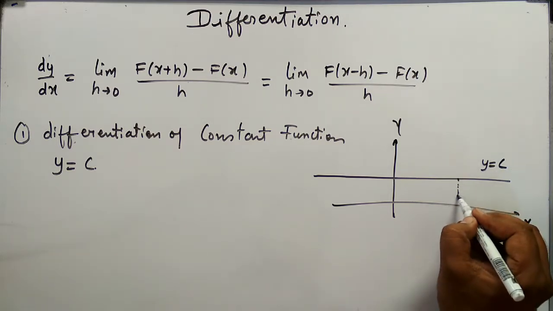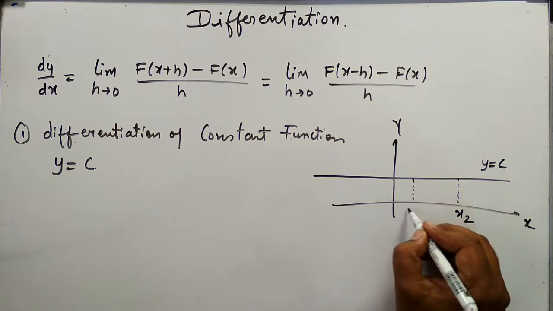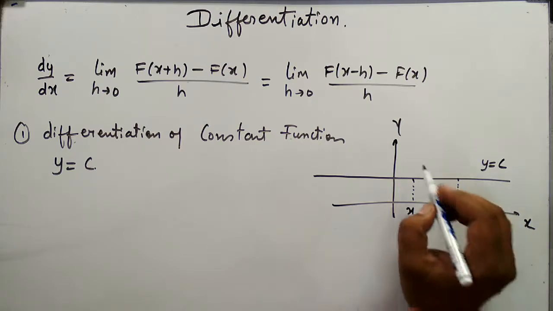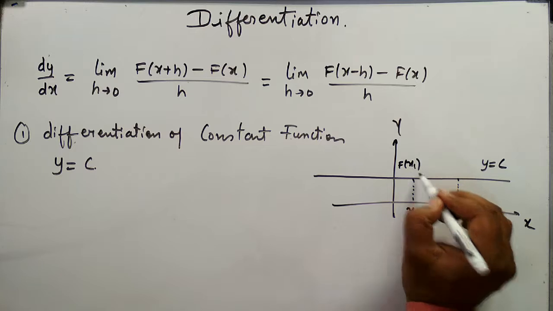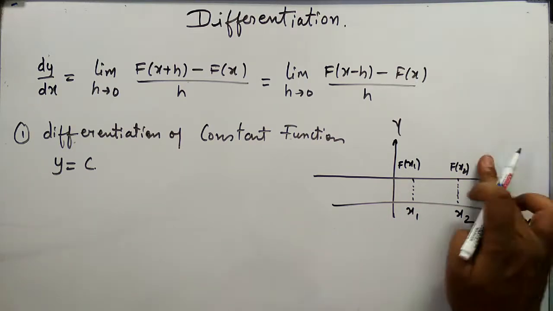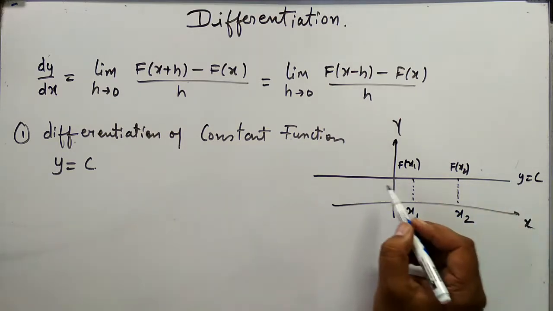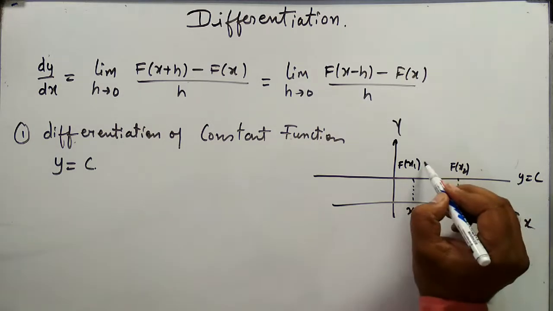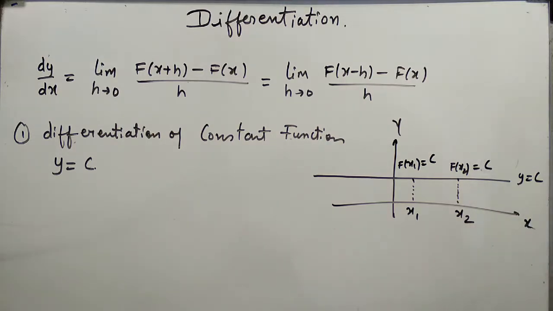If we take two points x1 and x2, the corresponding value of this function at x1 would be f(x1) and at x2 would be f(x2). We can see that the value is not changing with x, so this value should be equal to c, and this value should also be equal to c.